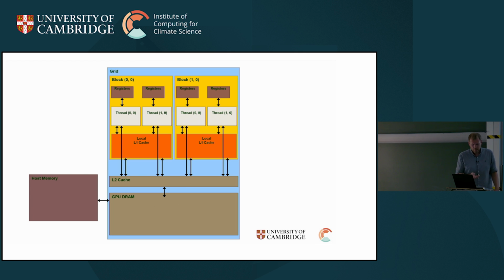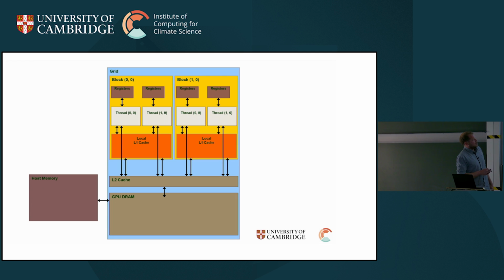Okay, so this is what the GPU memory looks like, well, a simplified version of it. We've got host memory. When we say cudaMemcpy host to device, it goes over here. Then when one of our threads says, get me something from memory, it goes via the L2 cache, always via the L2 cache, and then potentially into one of these little local caches on the streaming multiprocessor, and then into registers so that the thread can access it.